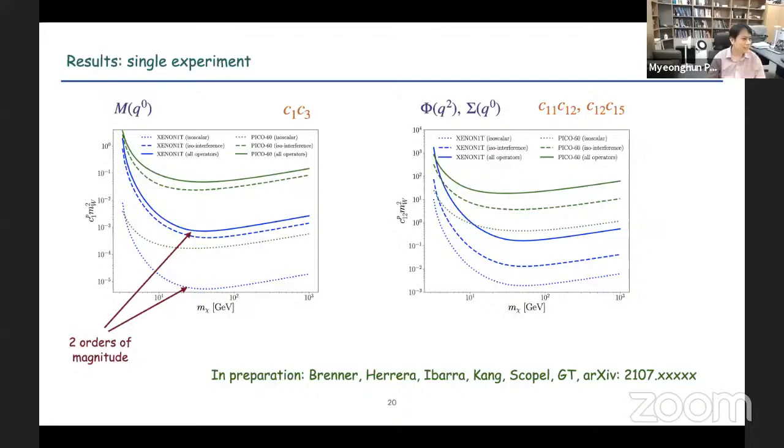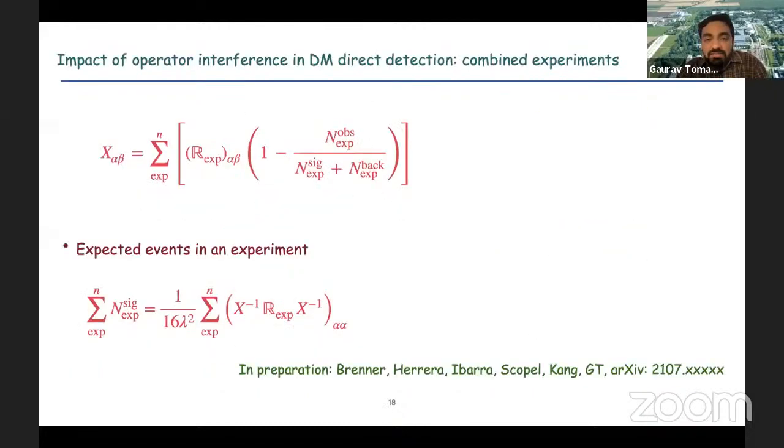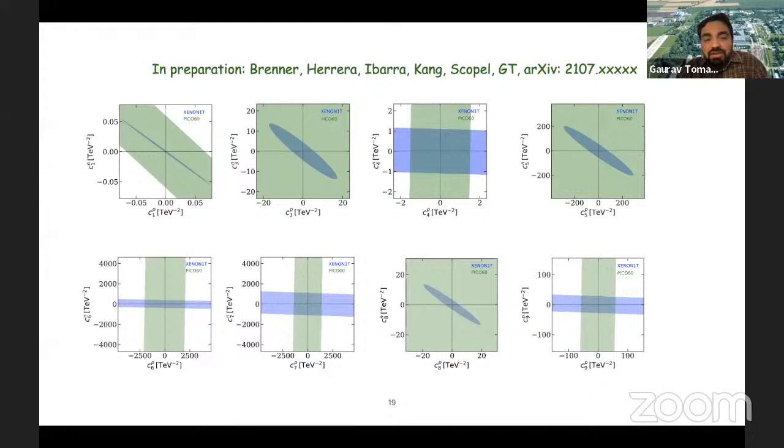Okay, Johannes, please ask a question. Hello. My question is, can you use this for target optimization? So what kind of targets would be interesting? It depends on what kind of interaction you are taking into account. For example, if you take the standard spin independent interaction, which is coherent, then of course xenon will be important, as you can see here, because this is the most constraining.